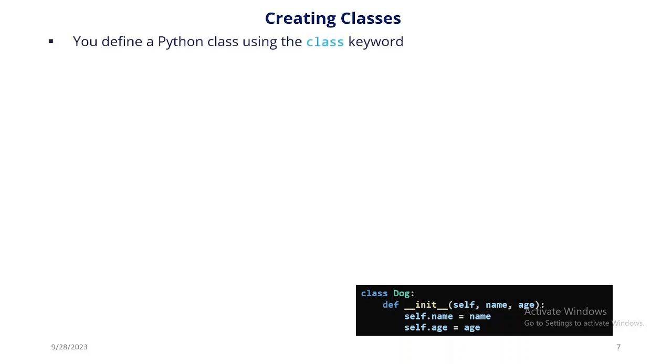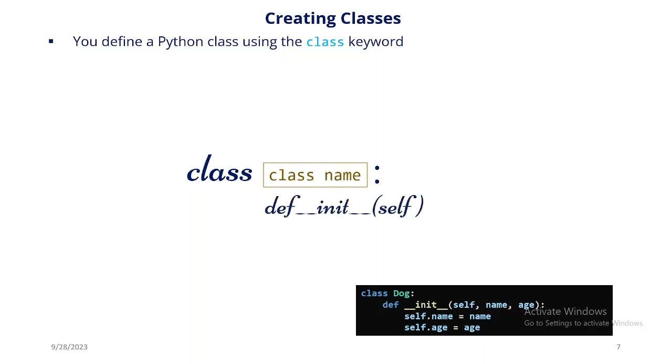In Python, you define a class using the class keyword. So we'll look at something similar to what we did with functions. We start with the keyword class, and then we give it a name. Then we have a colon in front of it. Nothing else follows. Then something must follow under it: def __init__(self).